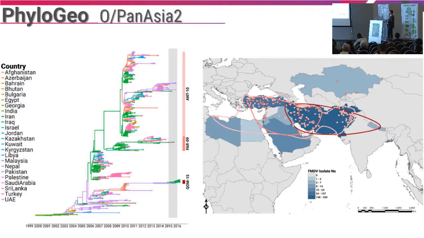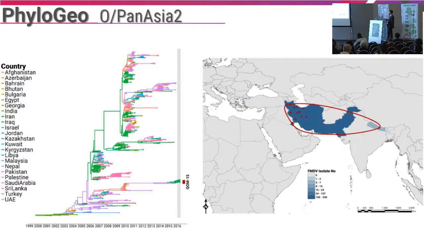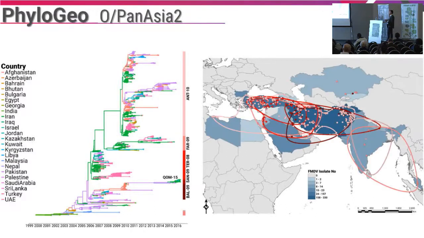The last one circulating is COM15, which is starting to appear from Iran and Pakistan. The take-home message from Pan-Asia 2 is that there are widespread movements of lineages across the region, dictated by a kind of phylogenetic event over time, where lineages emerge, spread, and die out, allowing other sublineages to move across the region.